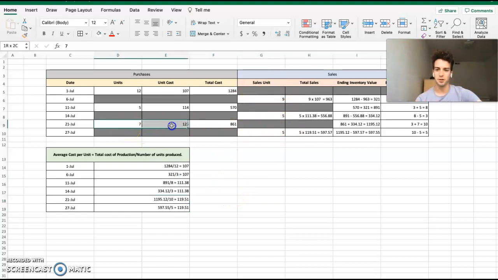But for the 21st of July, we'll take 7 and multiply it by 123, and that will give us 861. And just like we've been doing, we'll add that to our previous ending value. So 861 plus 334.12, and that will give us 1,195.12.